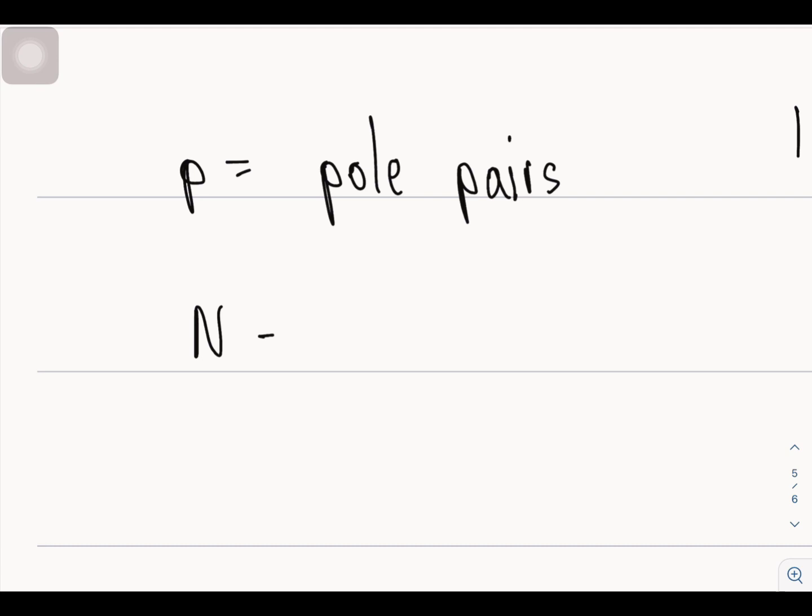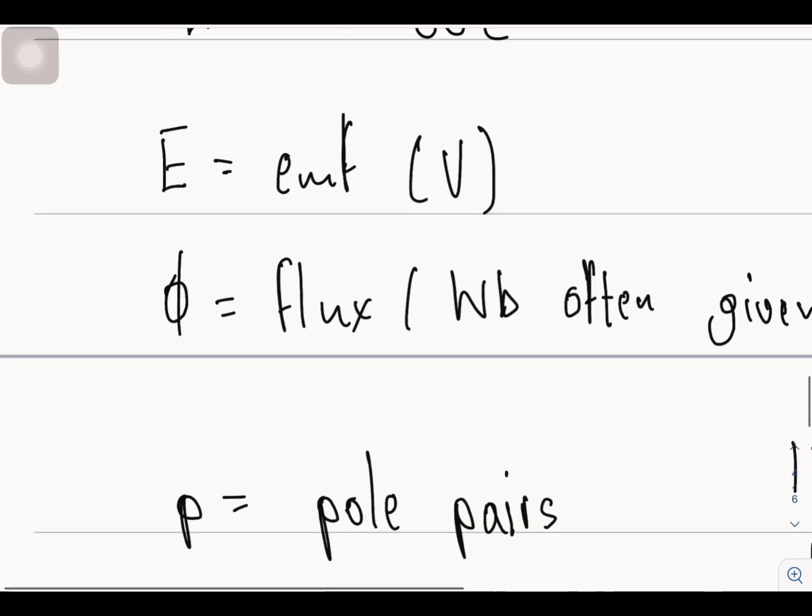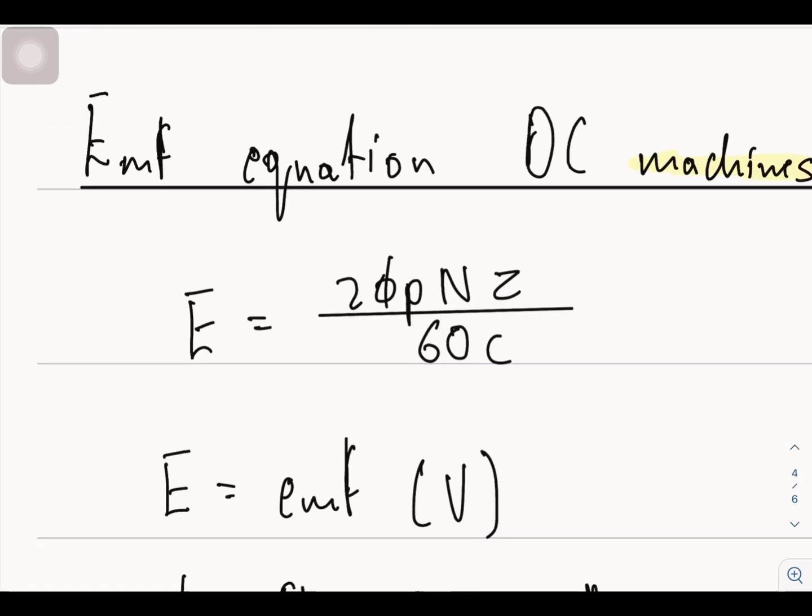Then we have the speed. What is the rotating part of a DC machine? It is the armature. So here we are referring to the speed at which the armature is rotating, and the speed is measured in revs per minute. If you are given speed in revs per minute, that means your formula will have the 60.